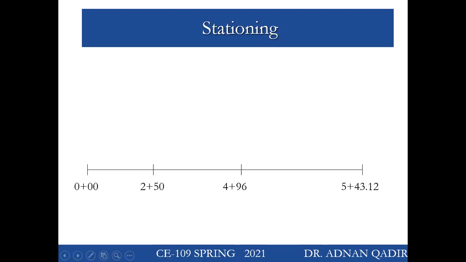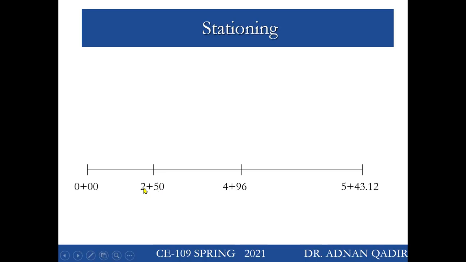It's very simple. 2 means you already have 2 full tape lengths, that's 200, and then you have the remaining tape that was not fully utilized, only 50 feet is being utilized.